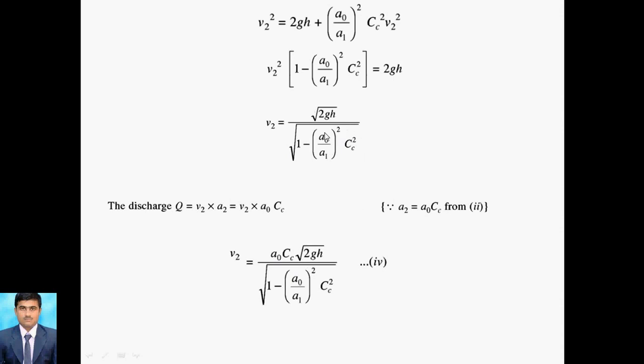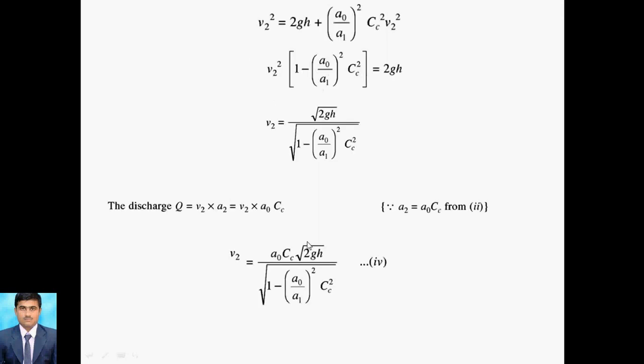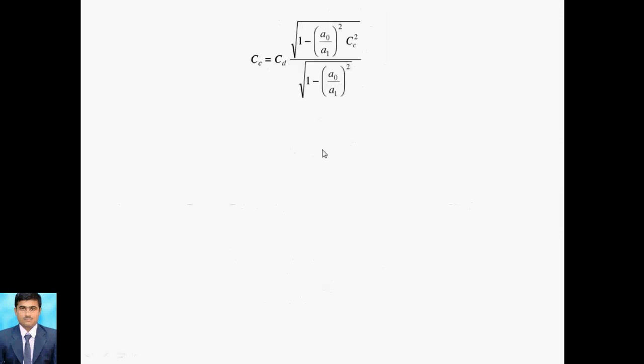We can take 2gh, Cc square as on that side, A naught Cc. Here we consider the V2 value directly, and we can put this value over here. So the equation becomes Cc, and this is equation number 4, your finalized equation. So this is the relation for Cc.